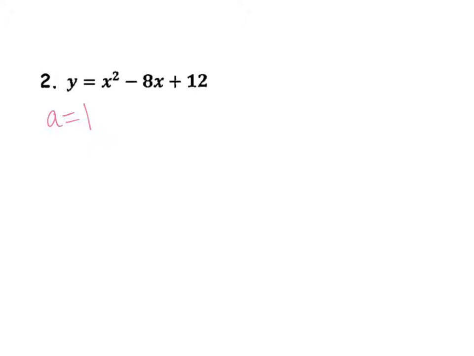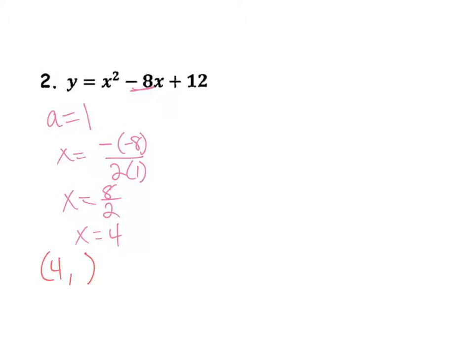What do I put for negative b over 2a? x equals negative b, negative 8, over 2 times a, 2 times 1. x equals positive 8 over 2. That is the first coordinate of my vertex, 4 comma something. And I have to find y.